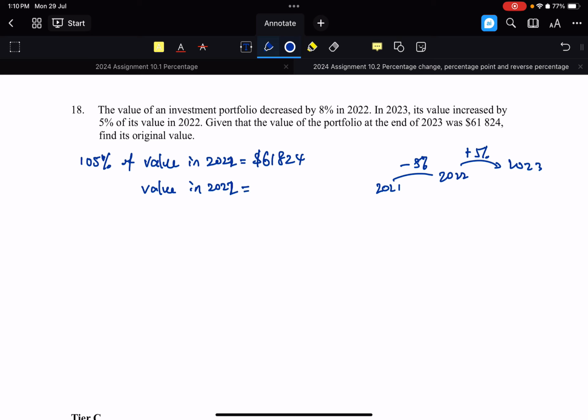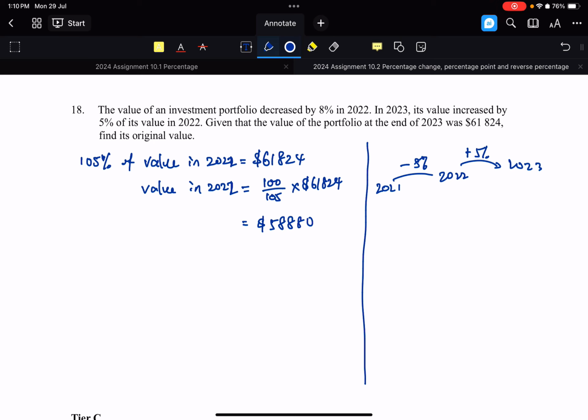Apologies for that. So this will be 100 over 105 times 61,824. Right, and that should give us, based on the calculator, 58,880. Now, the thing is, this was after a drop of 8% from the original amount, right?